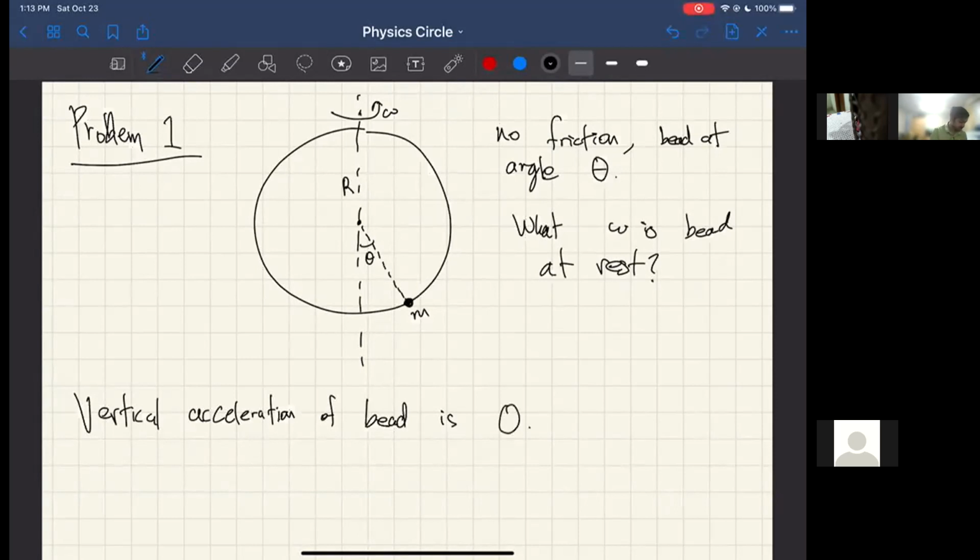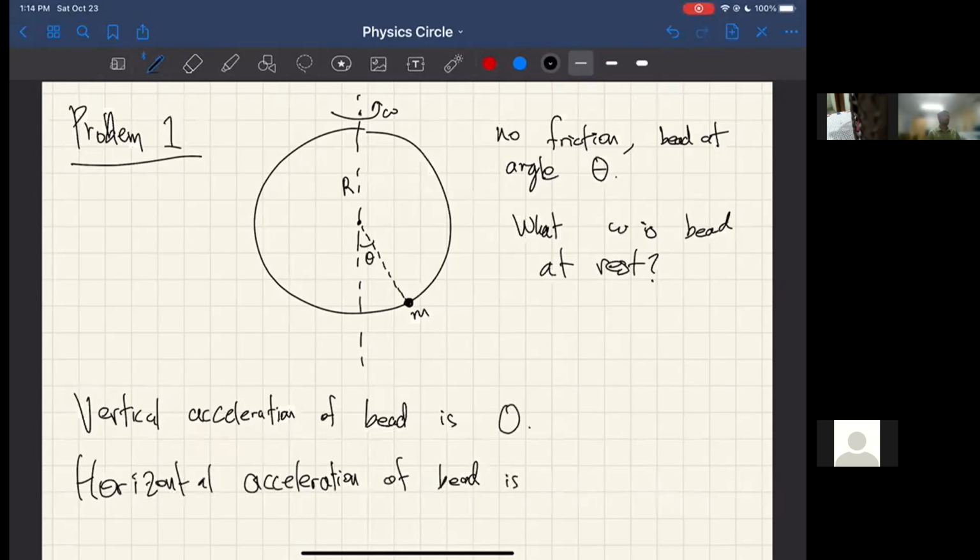Okay, here's a harder one. What is the horizontal acceleration of the bead if it's at rest? Or if it's not moving up or down the hoop? It's obviously not at rest, but... Somebody says mr omega squared. That is incorrect.